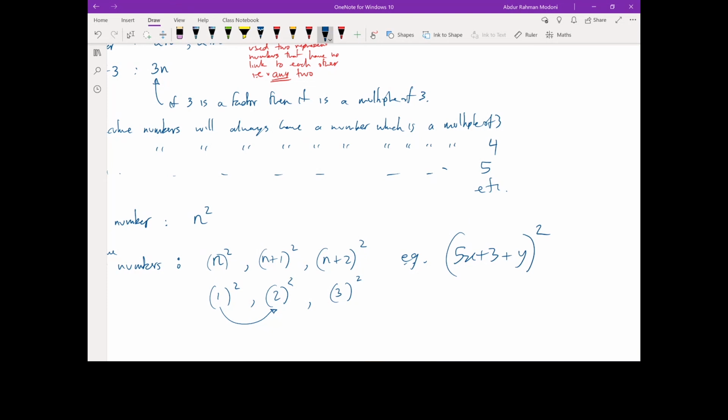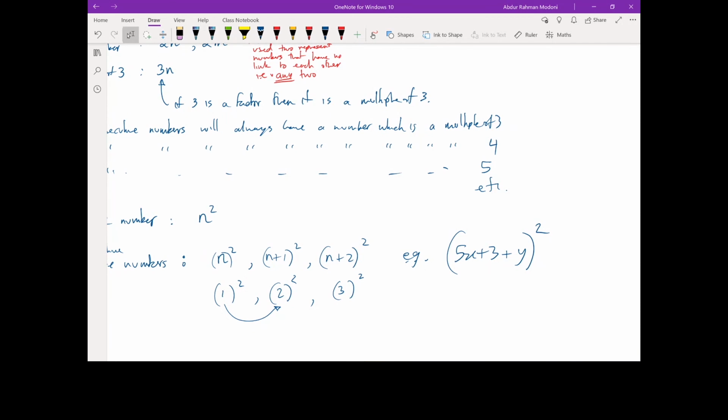I know it looks a bit messy, but there's a bracket with a square on it. What is that? It's a square number. Because it's got a square on it. What am I doing? I'm doing 5x plus 3 plus y times by itself. Surely I'm going to get a square number. So anything with a square on it, whole thing with a square, is a square number.